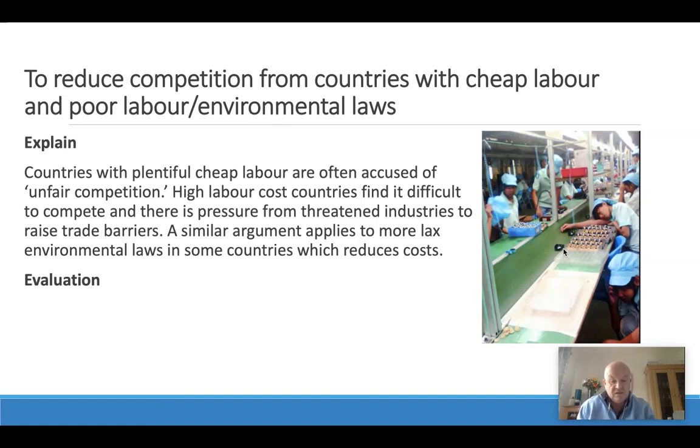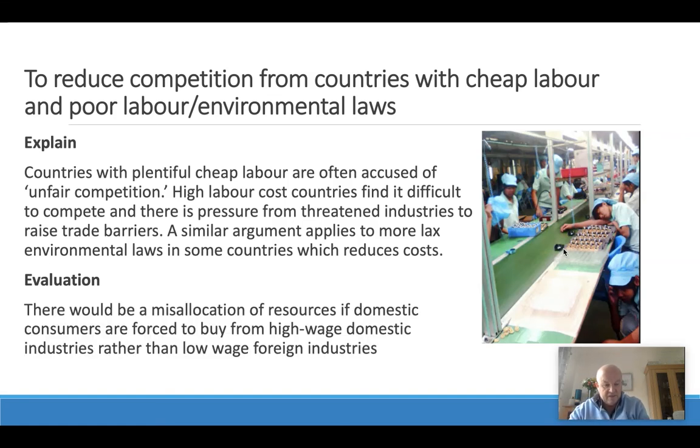But in this instance, you could also apply a similar argument to the more lax environmental laws in some countries, which reduces the cost of organisations setting up in those countries. However, we're going to evaluate that. That's essentially going to just cause a misallocation of resources, because domestic consumers may be forced to buy from high-wage domestic industries rather than low-wage foreign industries, as an example.